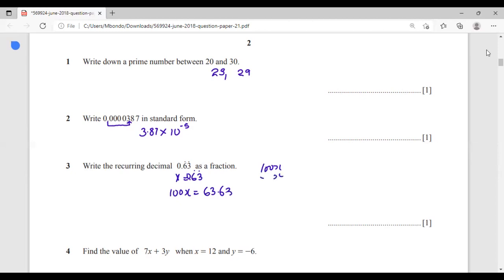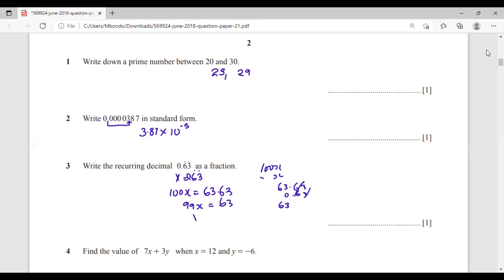So this is going to give us 99x is equals to, again, we subtract the second part, we have 63.63. Then what do we subtract? 0.63. Okay, so this is going to give us 63, isn't it? Because this will go here. So we're trying to get rid of those decimal points there. So we're going to have 63.